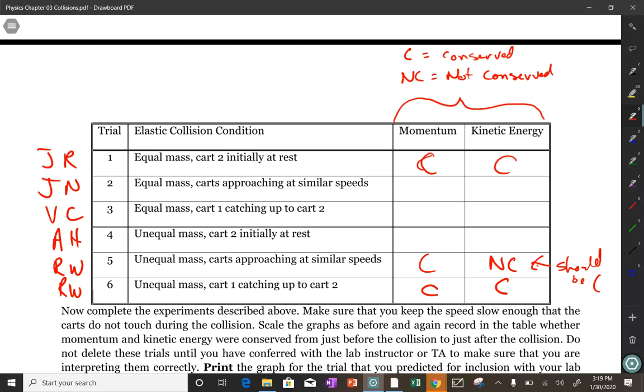Look at this line. You see it's going down just a little bit. And then it would continue to cross because they wouldn't match up. Unequal mass, that's how you judge.